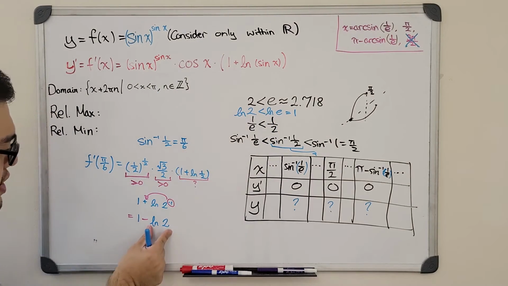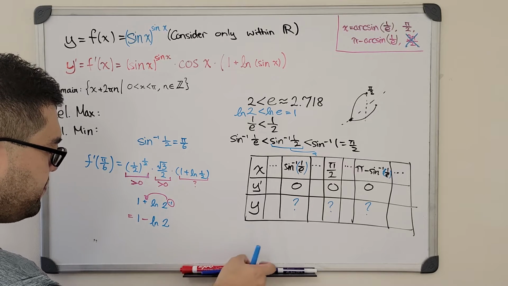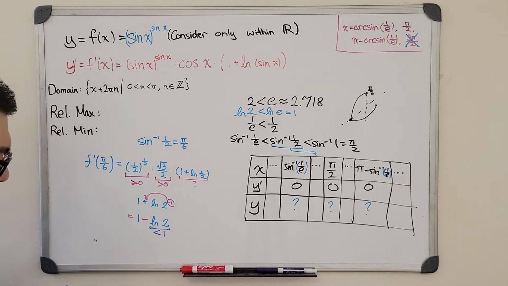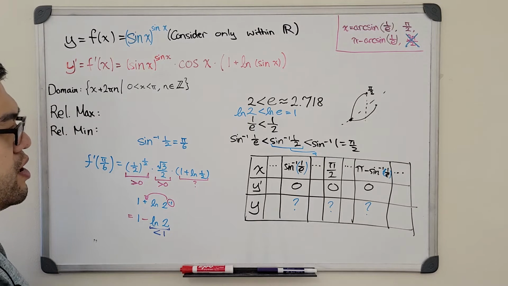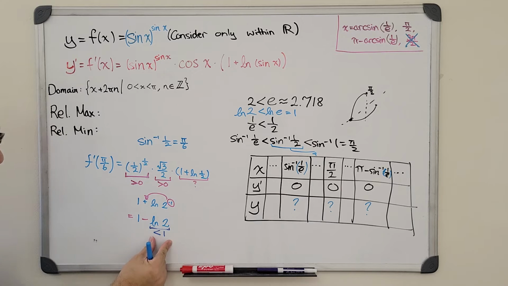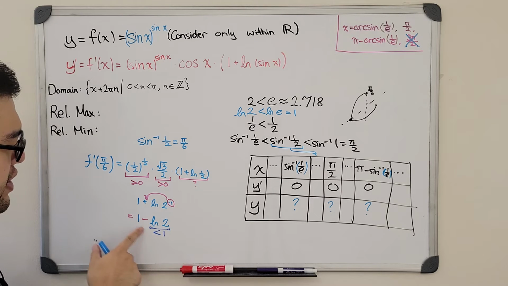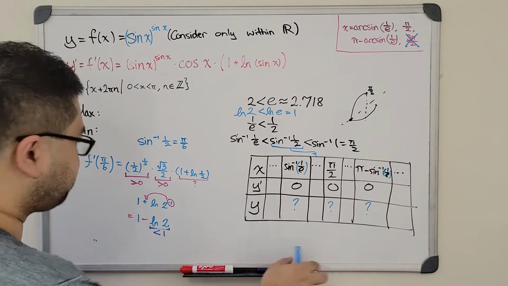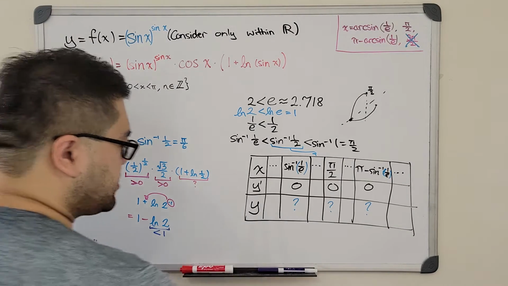So we see that this term is less than 1. So we have 1 minus some value that is less than 1, so we still have something left over as we subtract, meaning that this whole term is in fact greater than 0.